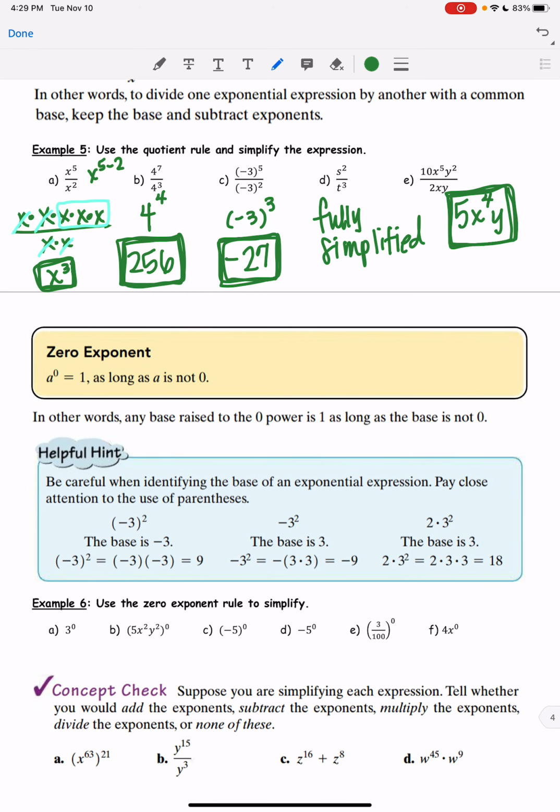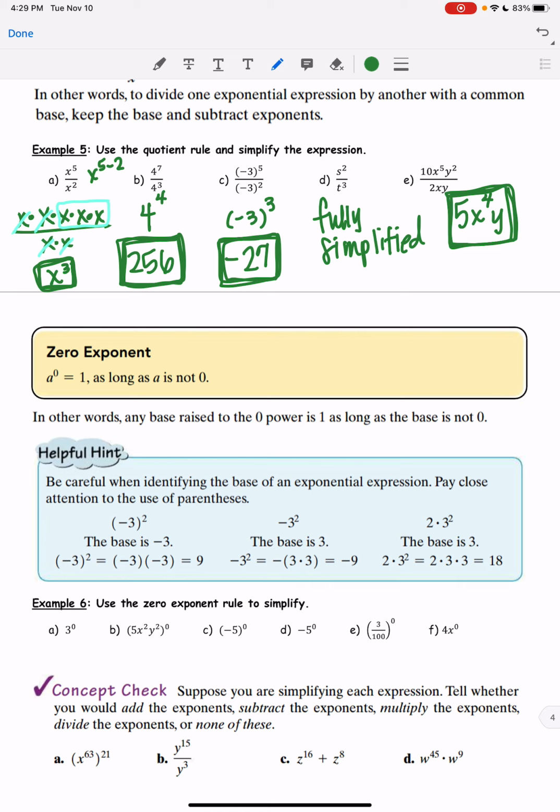And then the last rule we have is the zero exponent. Anything to the 0 power is always and forever 1, as long as that base is not 0. So 0 to the 0, that's a different ball game. But if you have anything else to the 0 power, it is 1.